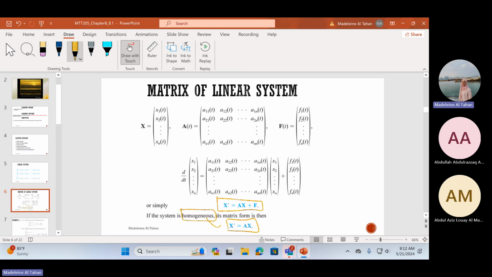We'll give examples. Now, when we learn how to solve, we will consider linear systems with two equations and two unknowns or three equations with three unknowns.